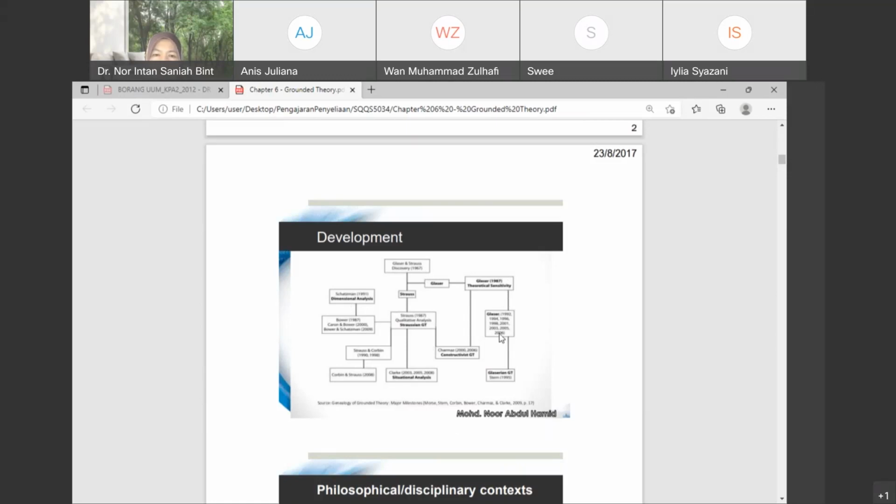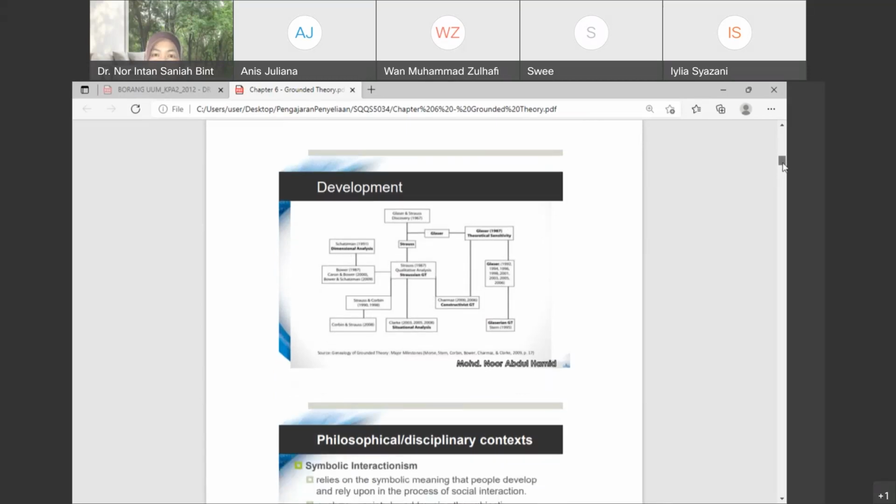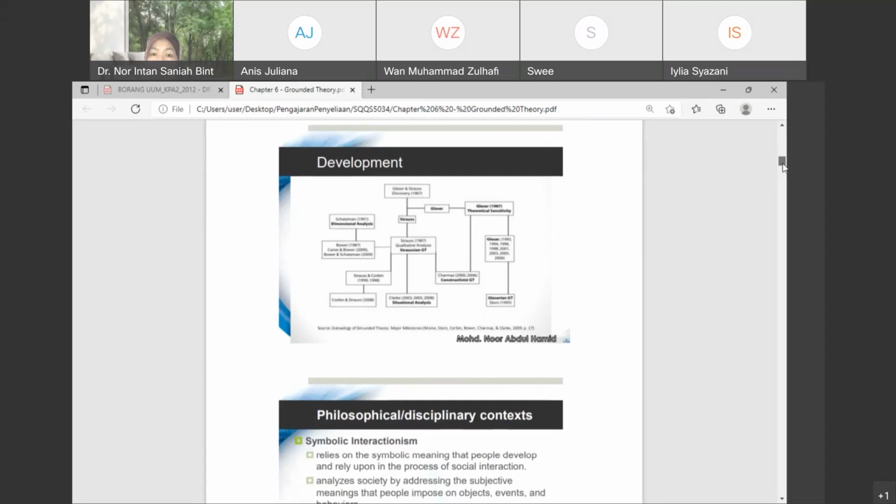From that there are a few more names called dimensional analysis, theoretical sensitivity, Straussian grounded theory. Straussian comes from the name of Strauss itself. Situational analysis, constructivist grounded theory as well. And then after Strauss, it was named Straussian generative, and Glaserian also named it as his own method.